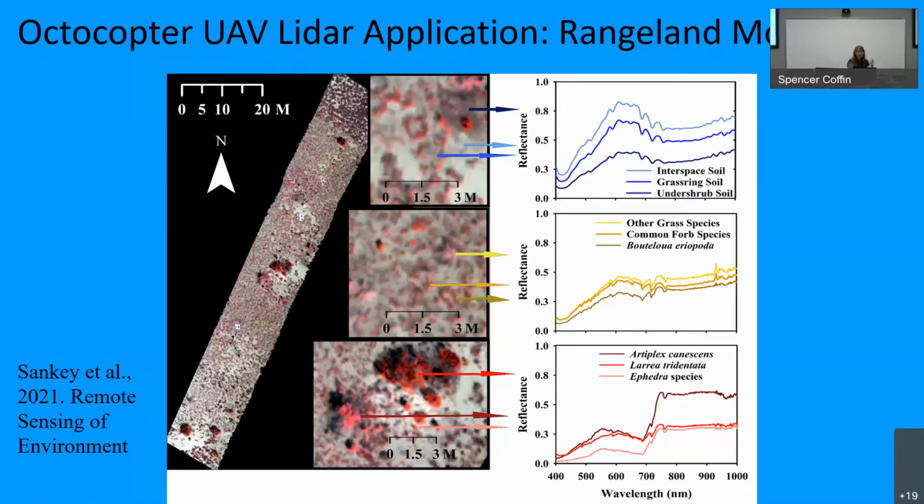And so in this application, we were mapping rangeland vegetation species as well as soil nutrients in a burned and unburned rangeland.